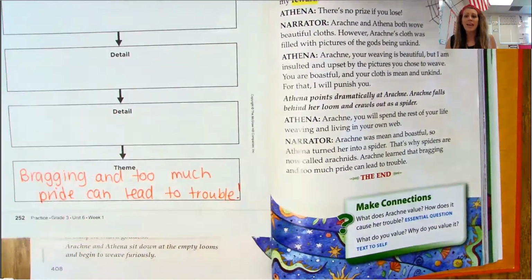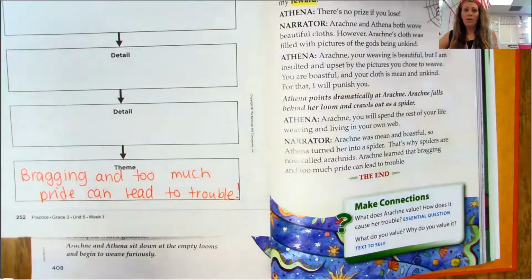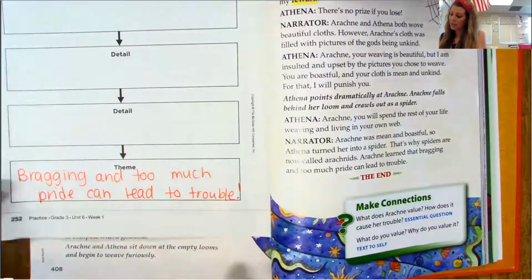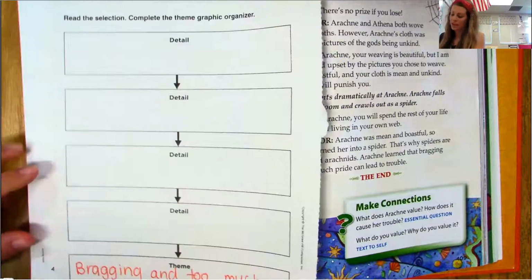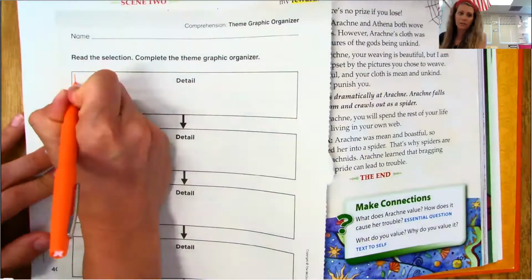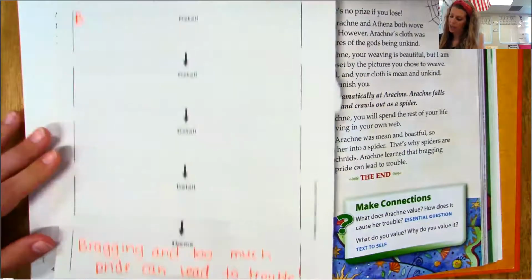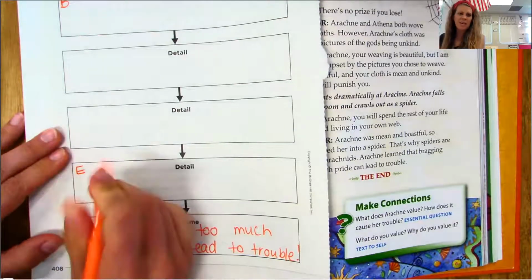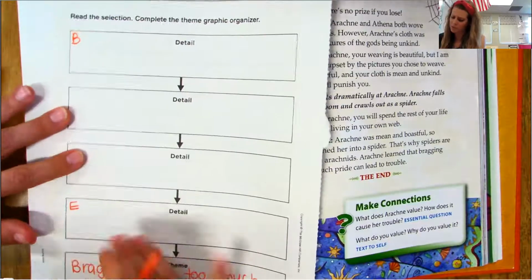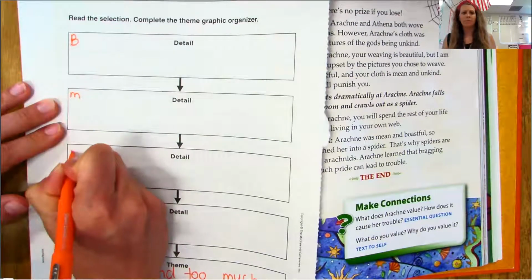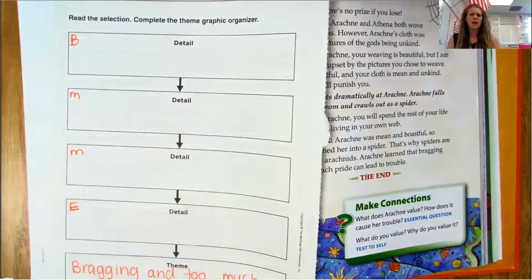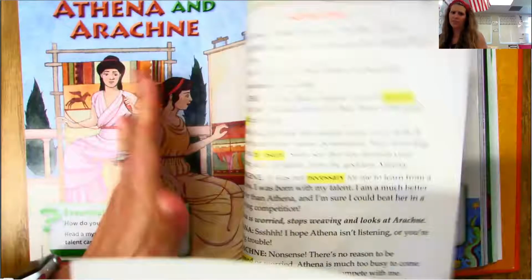Okay, so then kind of goes back to sequencing. What are those details that led up to that in the beginning, the middle, and the end? So we know beginning would be the first one, end, and then maybe in the middle there were two examples. At the beginning of the story, what was a detail that proves that theme?